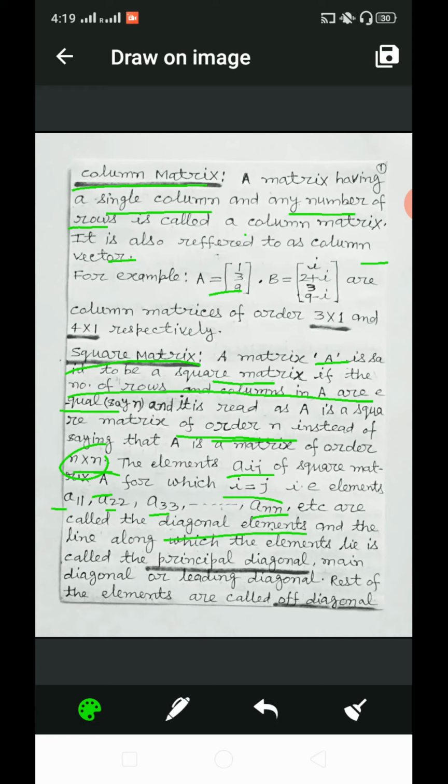These are called the diagonal elements if i is equal to j, and the line on which these elements a11, a22, a33 and so on, ann lie is called the principal diagonal. Means this line is called the principal diagonal or main diagonal or leading diagonal. The rest of the elements are called off diagonal elements.